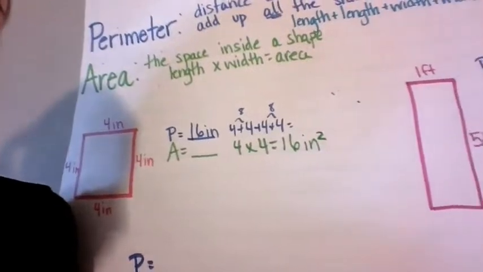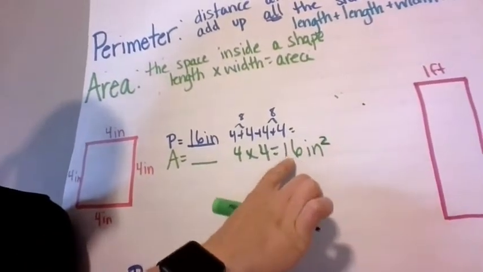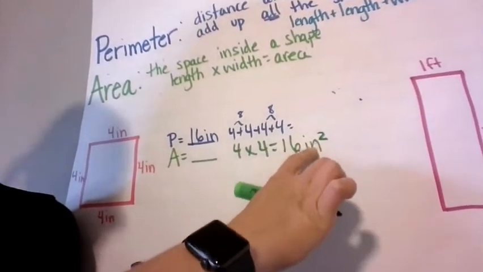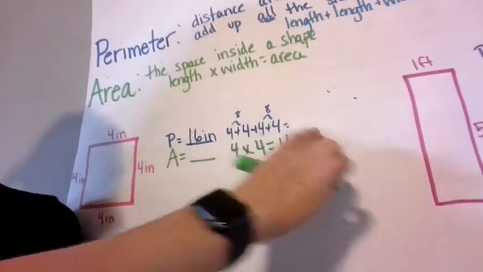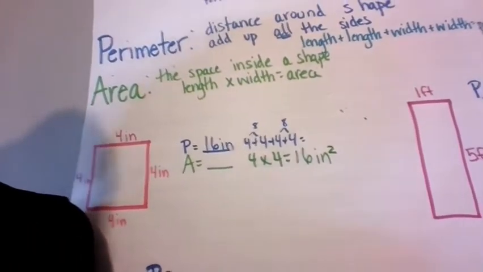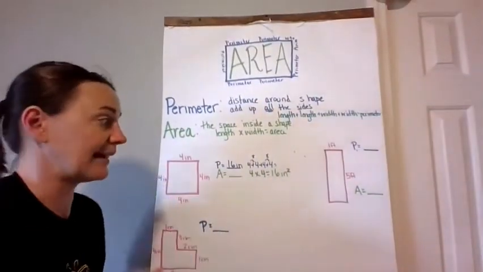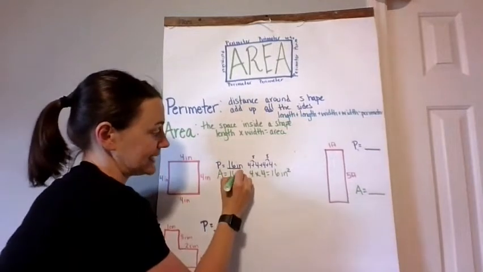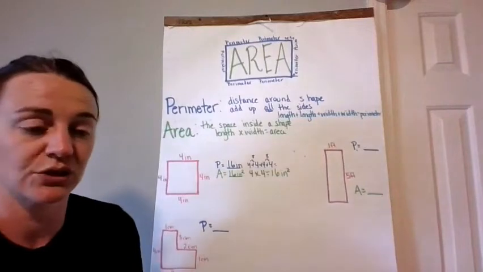So we just put a little 2 next to our unit of measurement. So if this was 16 feet, it would say FT, and then little 2. If it was centimeters, it would be CM, and then the little 2 to show that it's measured in square units instead of like perimeter, where it's just measured in the unit of measurement. So 16 inches squared with that little tiny 2.